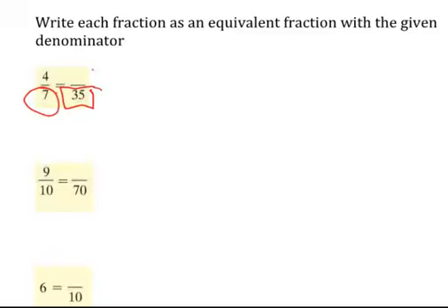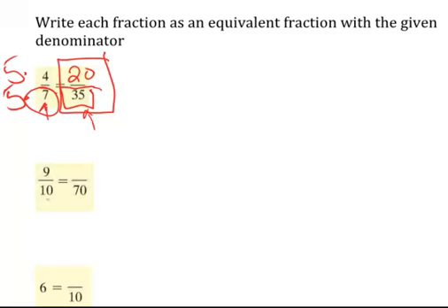And I'm going to ask myself, what did I multiply 7 by to get 35? Oh, well, I multiplied that by 5. If I multiply the bottom number by 5, I need to also do the same thing on the top. So 5 times 4 is 20. And that's essentially what I'm looking for here. I'm asking myself, what number did I multiply on the bottom to get this number here? And then I also have to do that same number on the top.